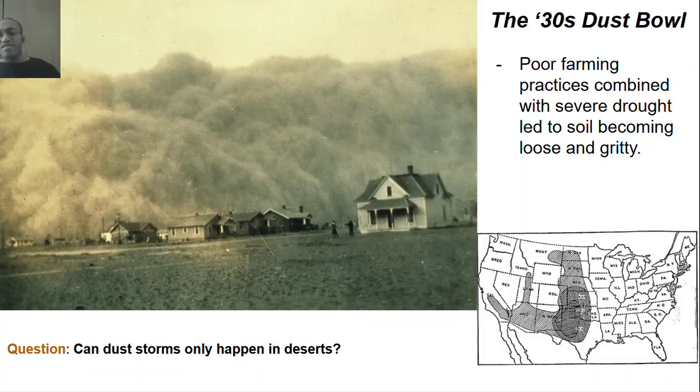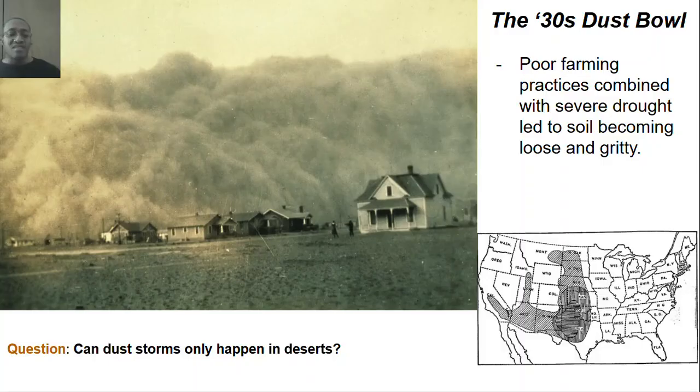Now we'll take a quick look at the 1930s Dust Bowl. If you lived in the Central Plains during the Great Depression, it was pretty common to see a wall like this coming your way.